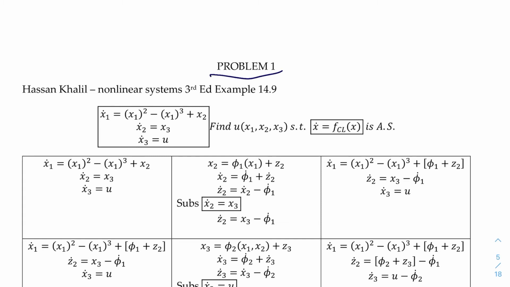So this is problem one. I hope I can make things easier and add chapters in this YouTube video. This problem one comes from Hassan Khalil's Nonlinear Systems, 3rd edition, example 14.9.